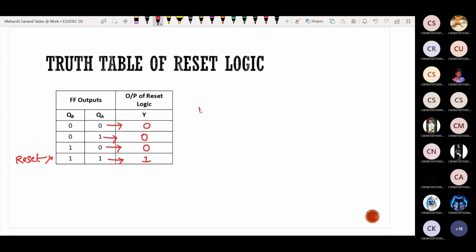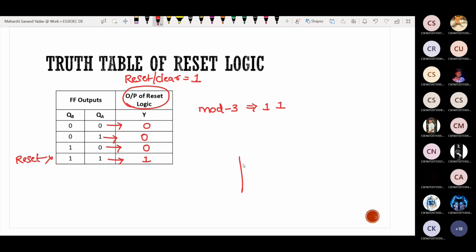As this is mod 3, whenever 1 1 is detected, I need to clear. That's the reason clear or reset should be enabled, meaning applying 1, so that particular output you can't see.